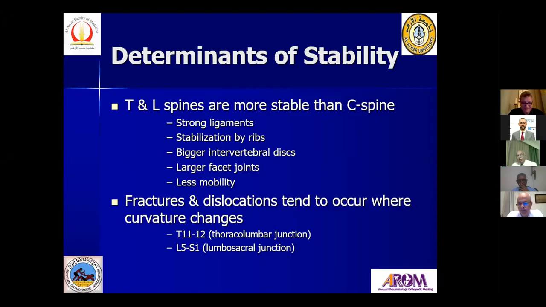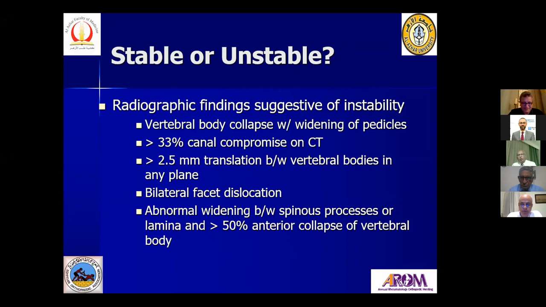Where does the fracture always happen? In the transitional zone between the fixed and non-fixed part, like T11 to T12, which is the thoracolumbar junction, or L5-S1, the lumbosacral junction. Stable or unstable is very important to put in your mind.